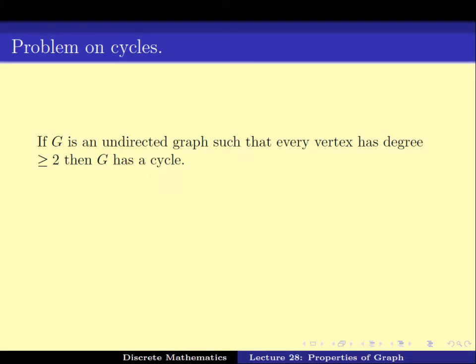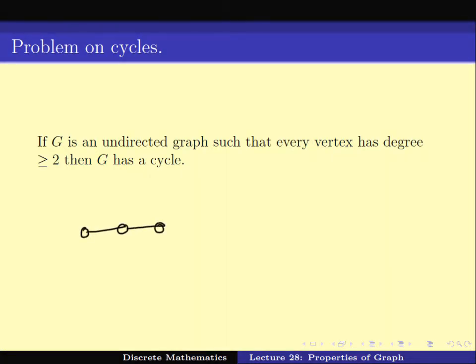Note that we can have a graph like this, in which case, as you can see, every vertex except for the first and the last has degree equal to 2, and yet it does not have a cycle. So we always require that every vertex has degree greater than or equal to 2.